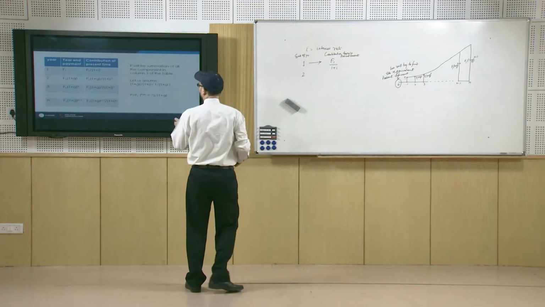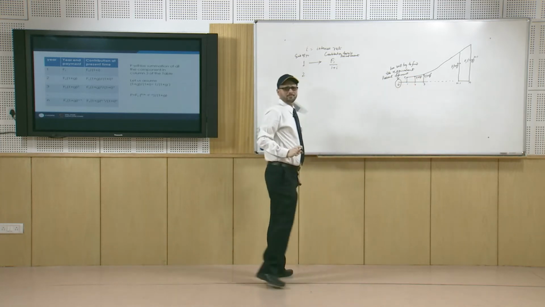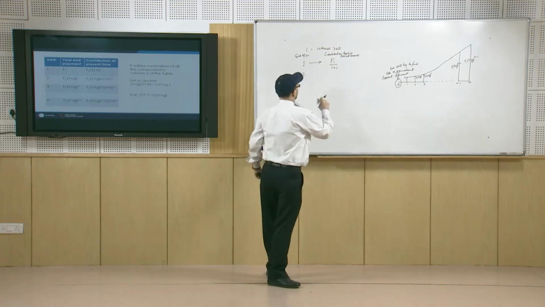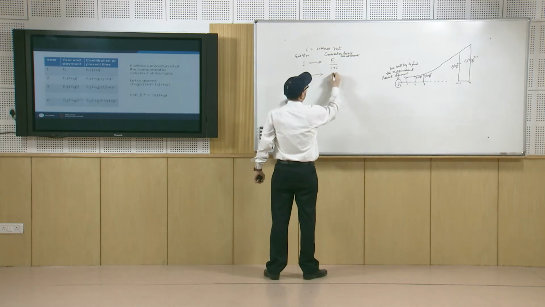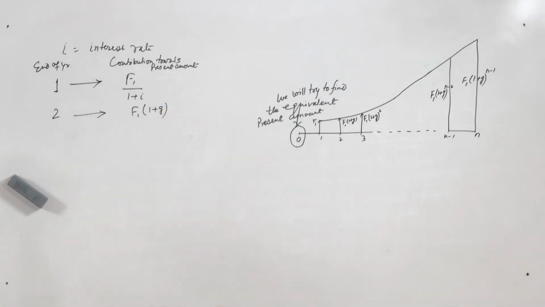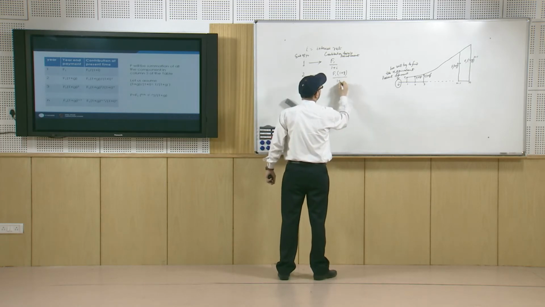So, we have already discussed your payment is F1 into 1 plus G and it is 2 interest periods hence. So, in the second year it will be F1 into 1 plus G, this is the amount paid, but it will be multiplied by P by F I n, that is 1 by 1 plus I raised to the power 2.